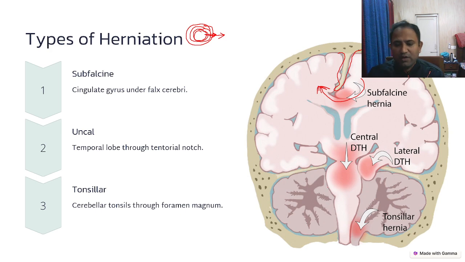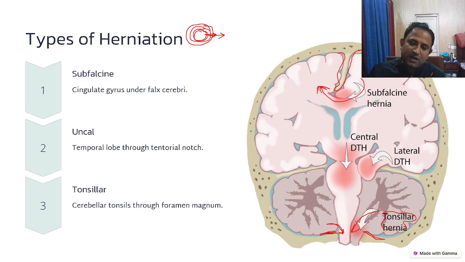And over here, what you have got is the foramen magnum, through which the medulla oblongata gets converted into our spinal cord, and over here the cerebellum may herniate. The cerebellum and the vital structures of the brain, that is the brainstem, may herniate, and this is called the tonsillar herniation.